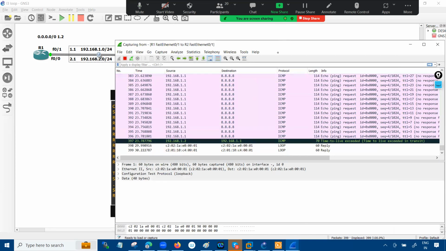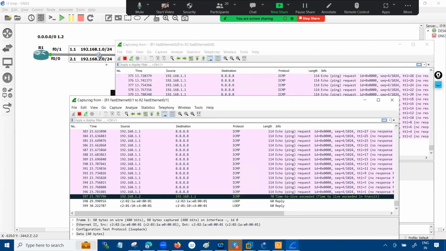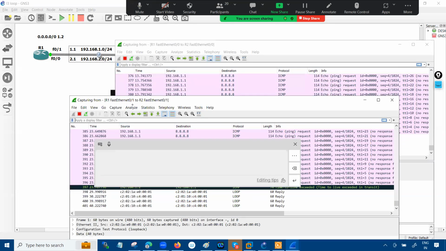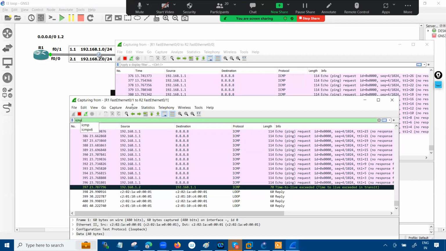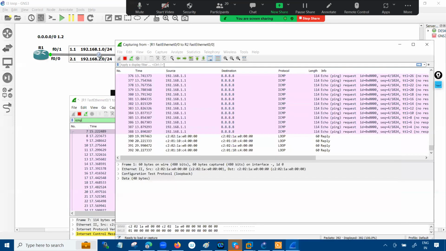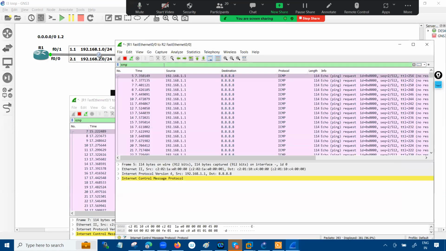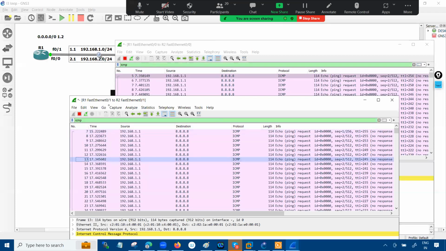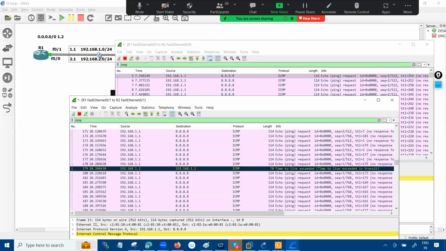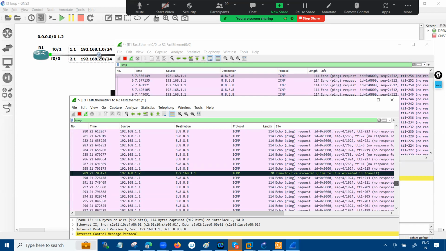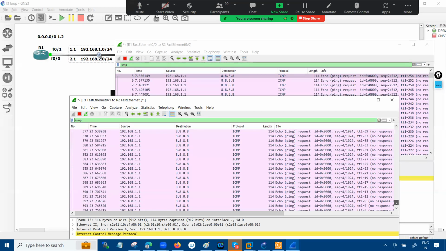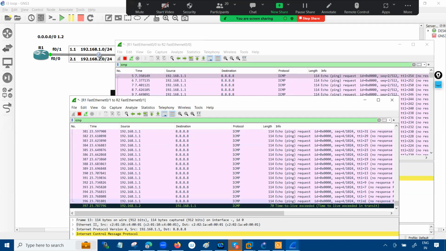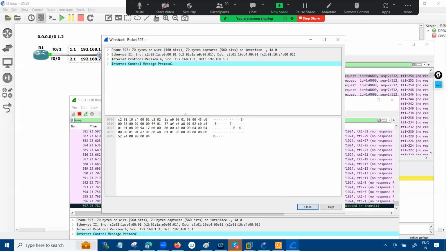So on both links, you can see that the packet is going on, on both sides. The only difference is what? If you look on the top link, you can find TTL 1 and then 0. And after that, what happened?